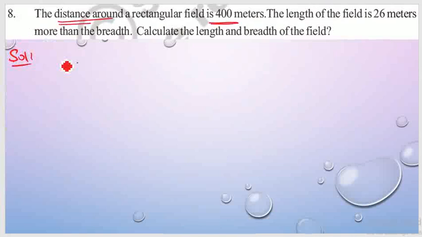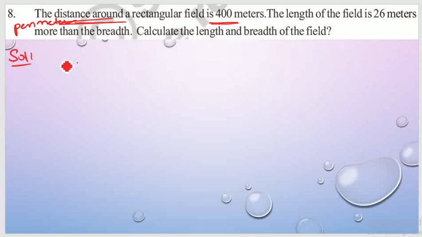So what is meant by distance around? Distance around means nothing but perimeter. So he has given it in other words. The perimeter of the rectangular field is 400 meters.